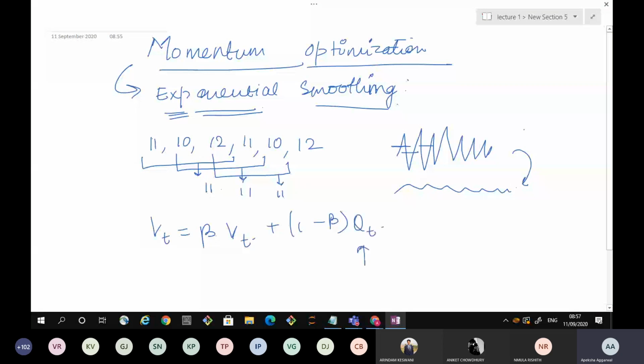Theta t is the current value of the series, the current value of the number that we want to calculate, and Vt-1 is the previous value. So the idea behind this is that whenever we are calculating the function at the current point, it is the average of the previous values.